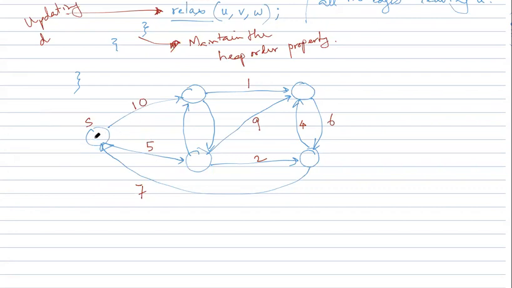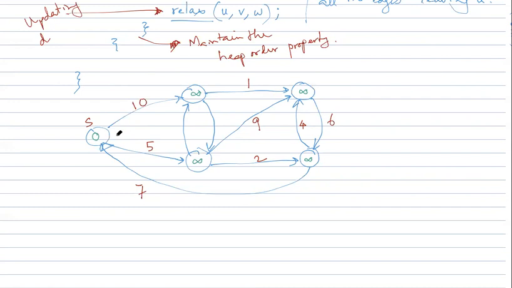Now to begin with, all the distance estimates, the D values, which is what I'm writing inside the node, are all set to infinity. The parent is also set to null pointer. And the distance estimate from S with respect to S is clearly 0. So that is what is set.